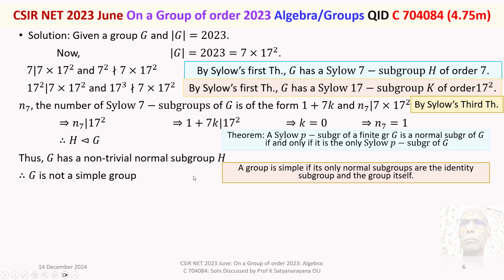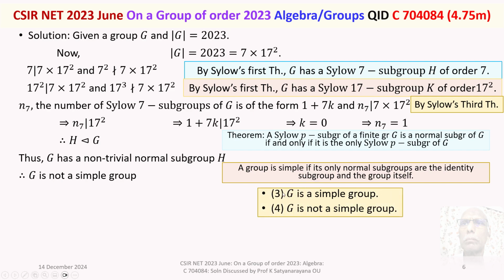Now, option 3 says G is a simple group, which is not true. Option 4 says G is not a simple group. Yes, it is true. Thus option 3 is not true and option 4 is true. Right. So we move on to the next slide for further discussion.